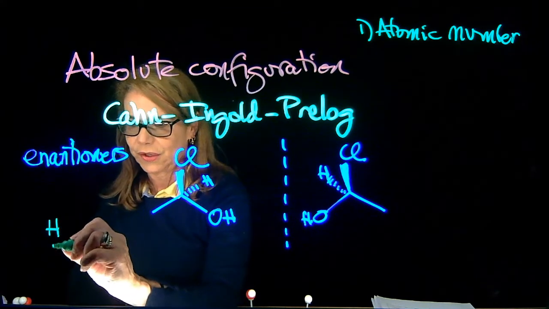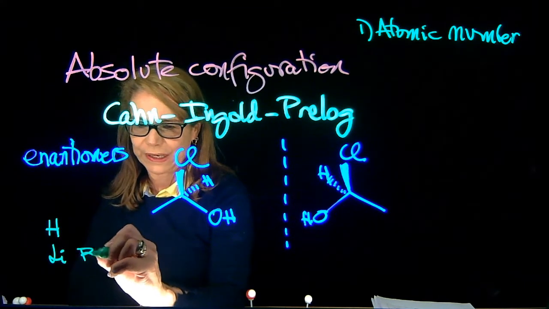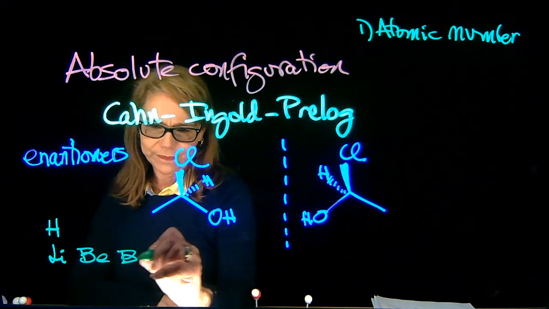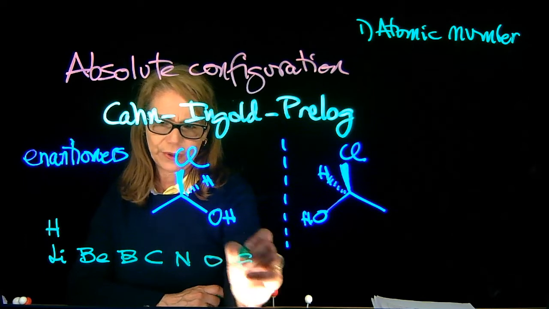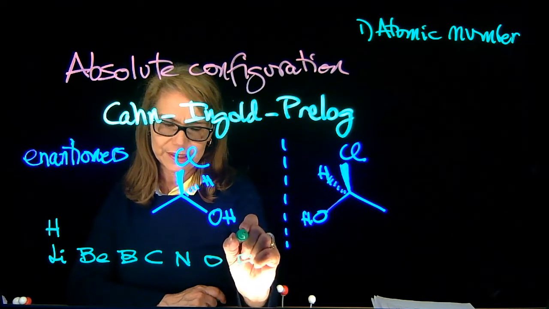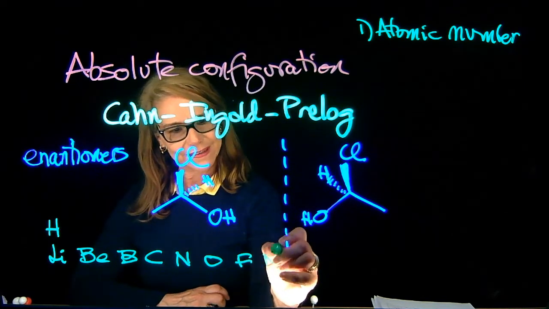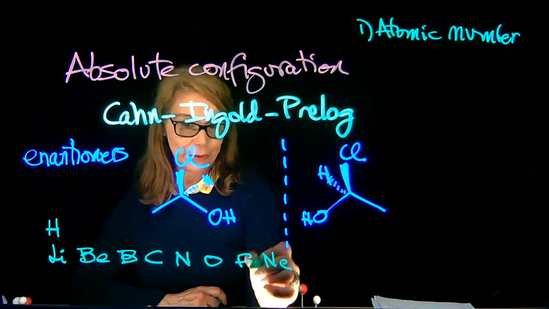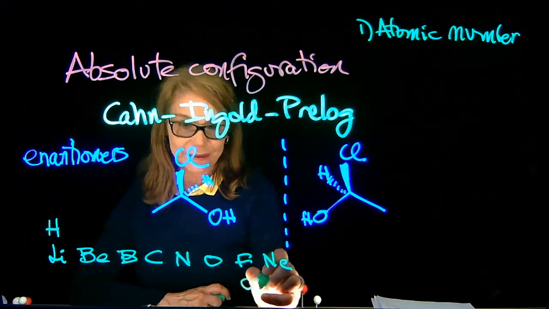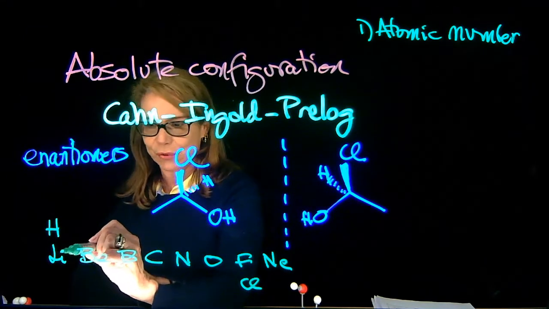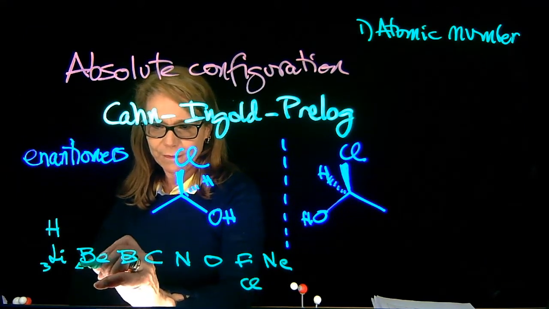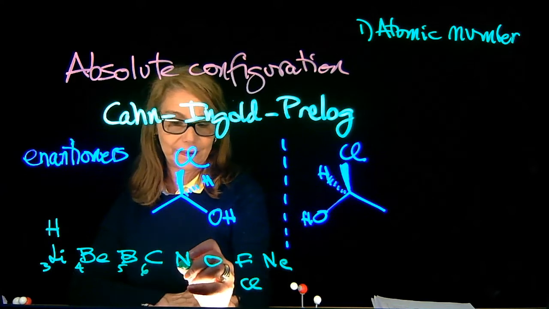This is hydrogen, lithium, beryllium, boron, carbon, nitrogen, oxygen, fluorine, and we know the atomic number is increasing in this direction. That's neon. And right below, I'm going to draw chlorine because I'm going to use it. And so we know this is number 3, 4, 5, 6. This is the atomic number, right?